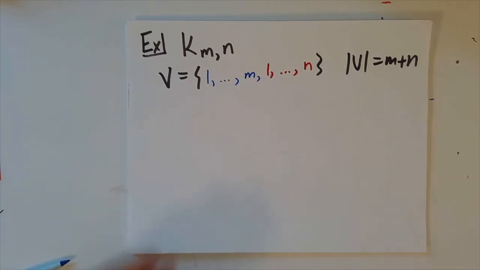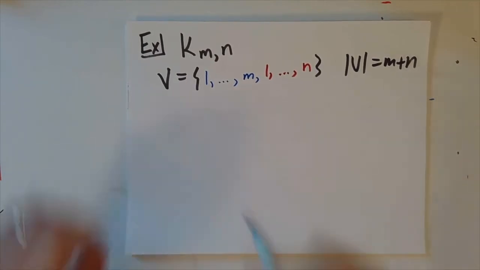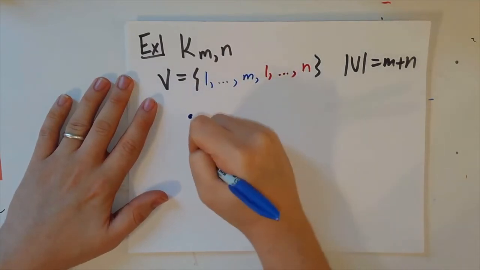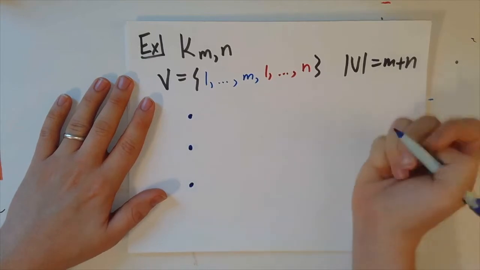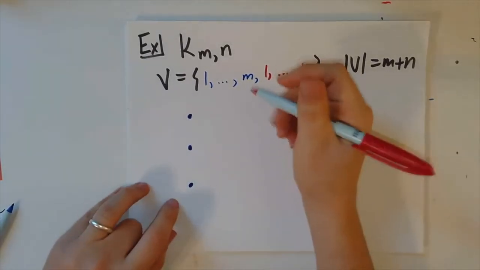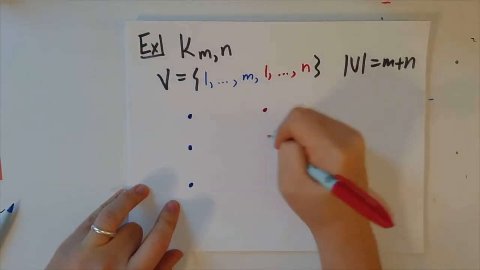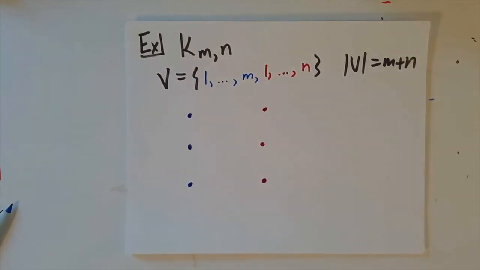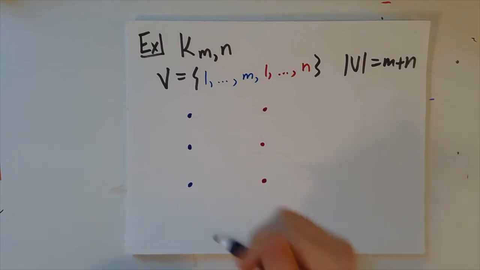And I'm going to draw this, so I'll draw, I guess, the blue vertices first. So here's 1, 2, 3 blue vertices. Here are 3 red vertices. And so this thing I'm going to draw a picture of, this is going to be K3,3.